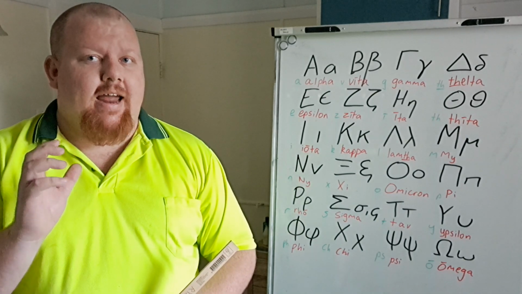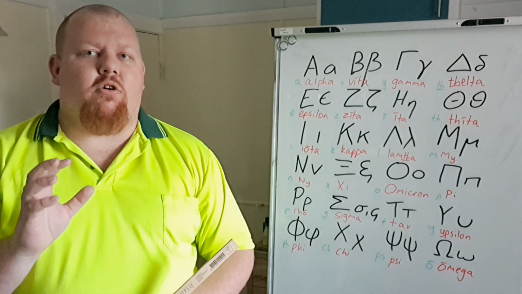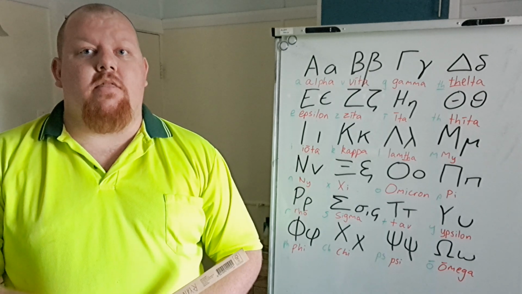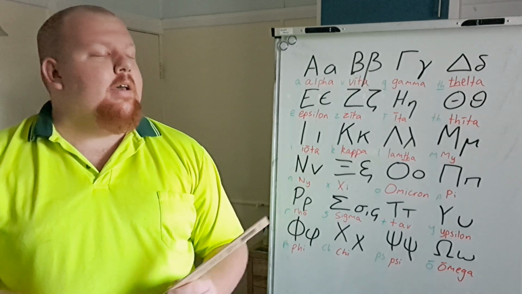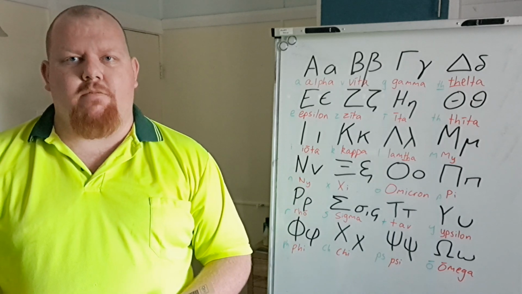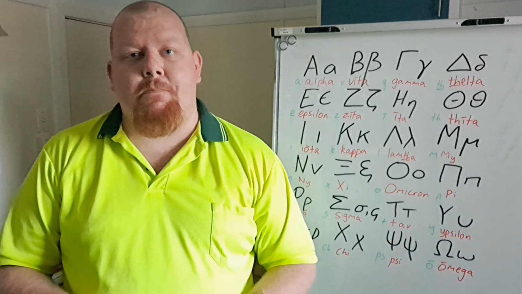Not the TH sound as in throne, that hard th sound, but that soft th sound as in this and that. Delta. The next letter is Epsilon. It is pronounced E as in egg.